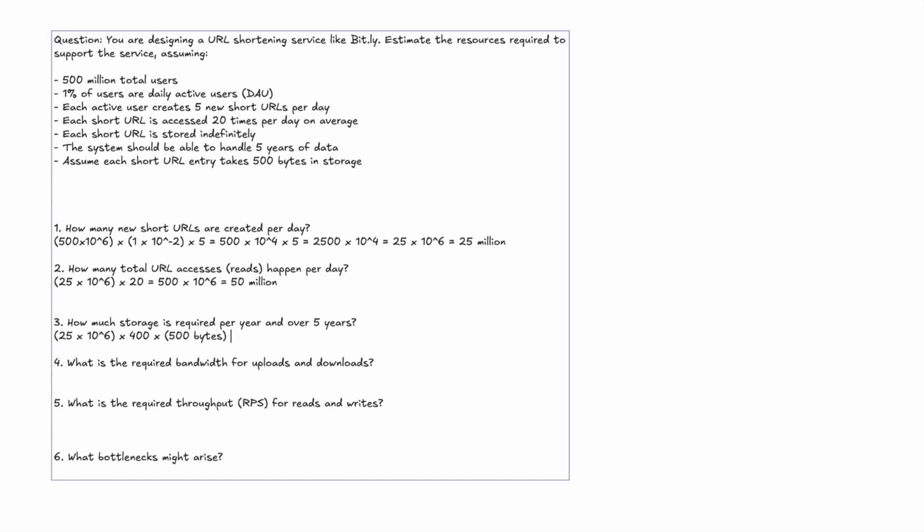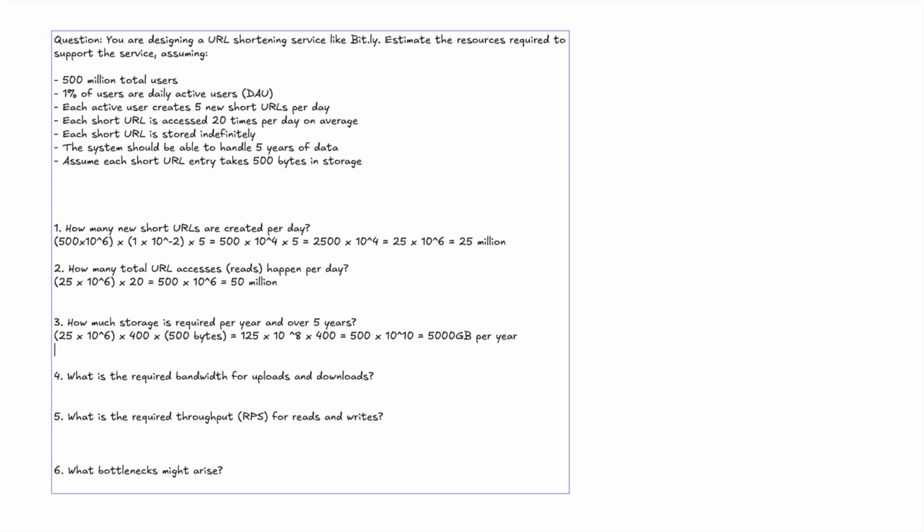So here we have 125 times 10 to the 8th times 400. And doing some more mental math, we have 500 times 10 to the 10th, which is going to give us 5,000 gigabytes, because 1 gigabyte is 10 to the 9th.